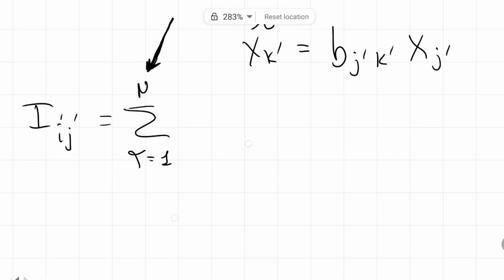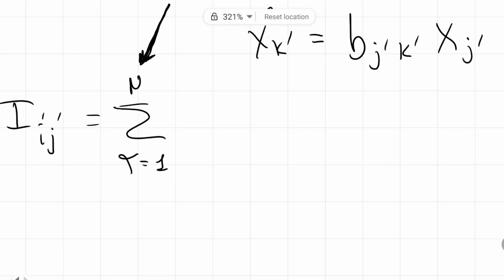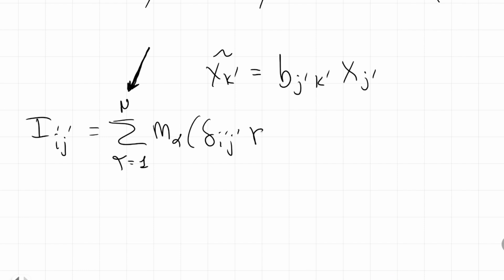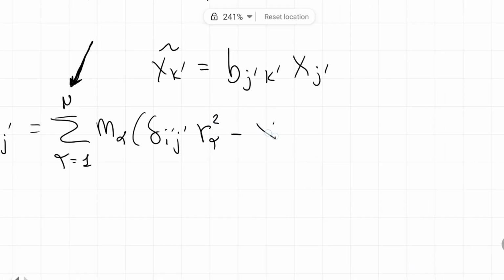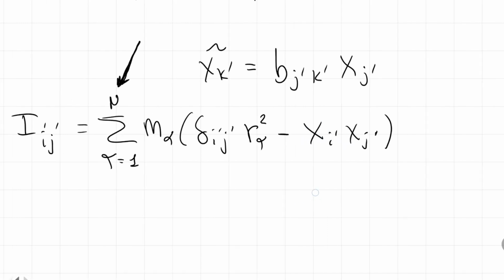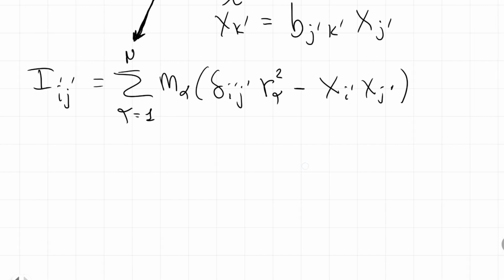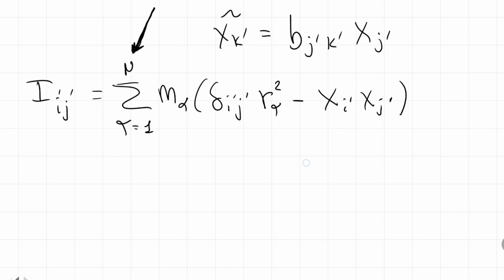Perfect. So this covers all the particles that compose the rigid body. Here we have the mass of the alpha particle times the Kronecker delta i'j' r squared minus x_i' x_j'. This is the definition of the components of the inertia tensor for the primed coordinate system.